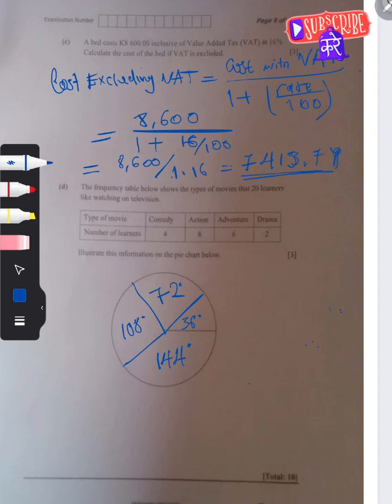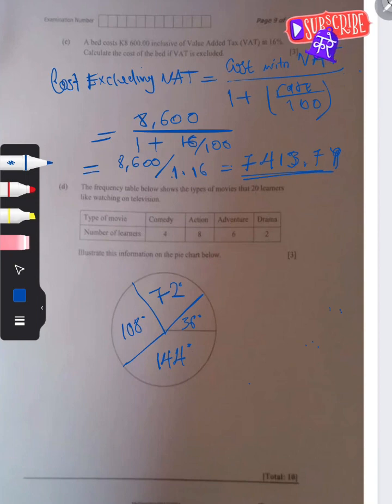The next question says the frequency table below shows the type of movies that 20 learners like watching on television. You have the type of movie: comedy, action, adventure, and drama, and the number of learners. We want to illustrate the information on a pie chart.